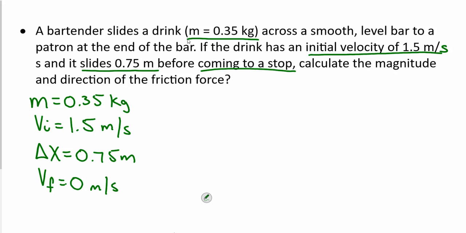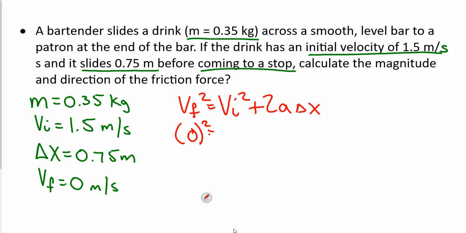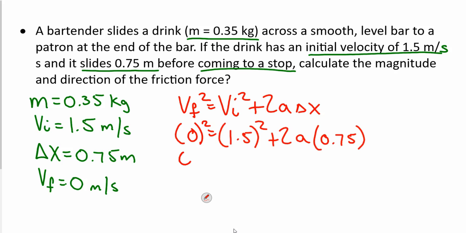And then from this, we can use kinematics to determine the acceleration. Using the third kinematic equation, we know the final and initial velocities. We know the displacement. From that, we can calculate what the acceleration would be. And so using the third kinematic equation and plugging in what we know, we're just going to solve this for a.